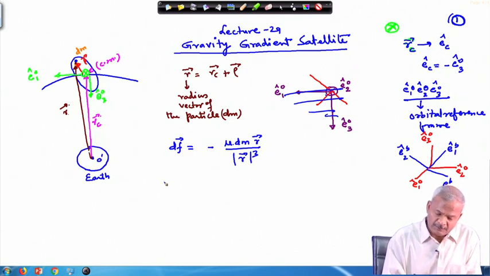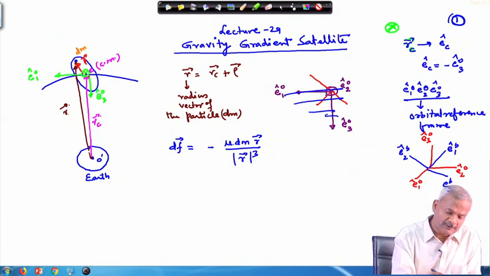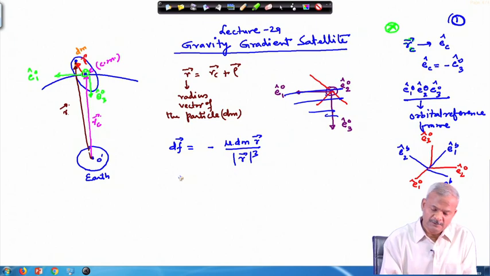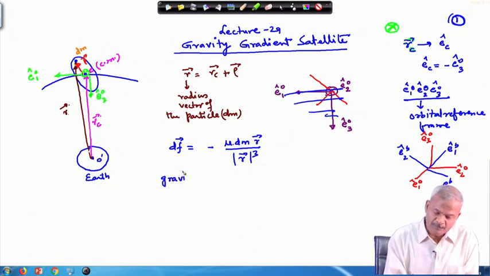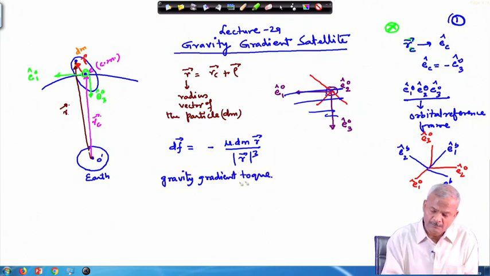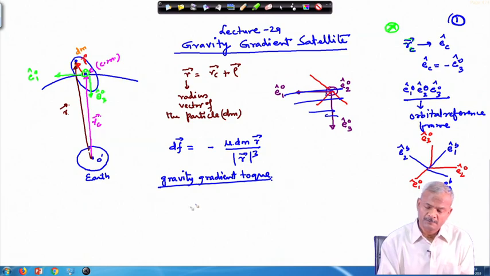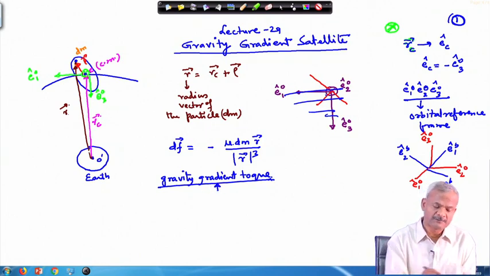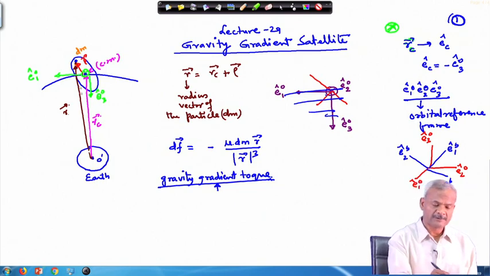And therefore, the gravity gradient torque about this point, which I am showing here by the blue point. It is important to remember the name gravity gradient, because it is because of the variation of gravity along the radius vector r.